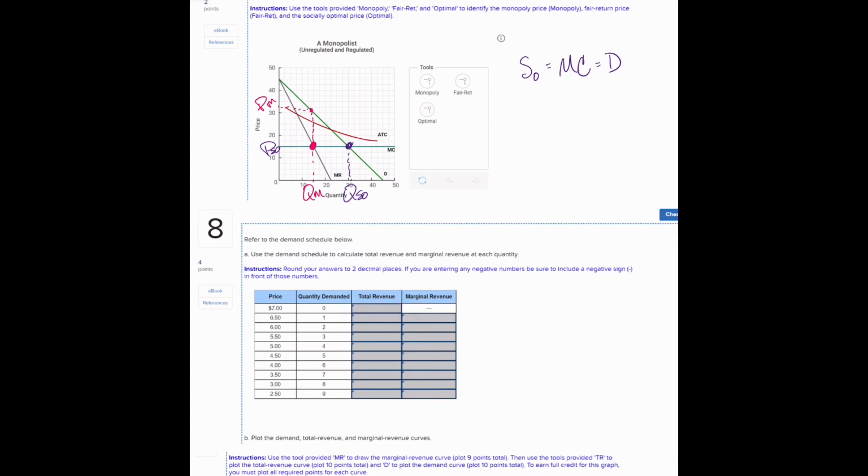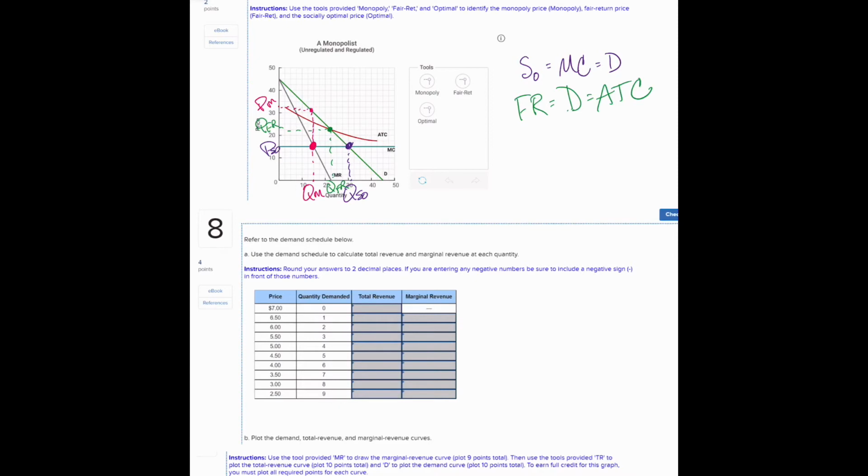And then finally, let's find our fair return. And that is where demand is equal to average total cost. So the fair return price is going to go where we can find the demand curve and we can find average total cost, where those come together right here. And so we're going to carry that over in the fair return price and the quantity fair return.